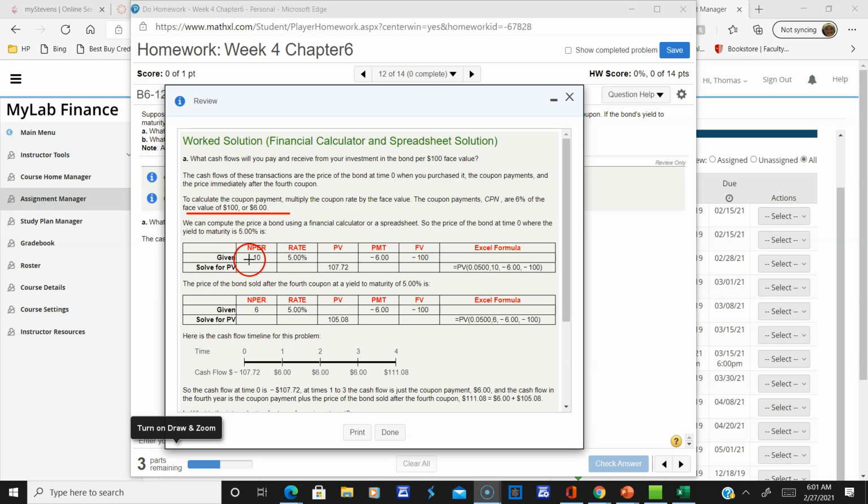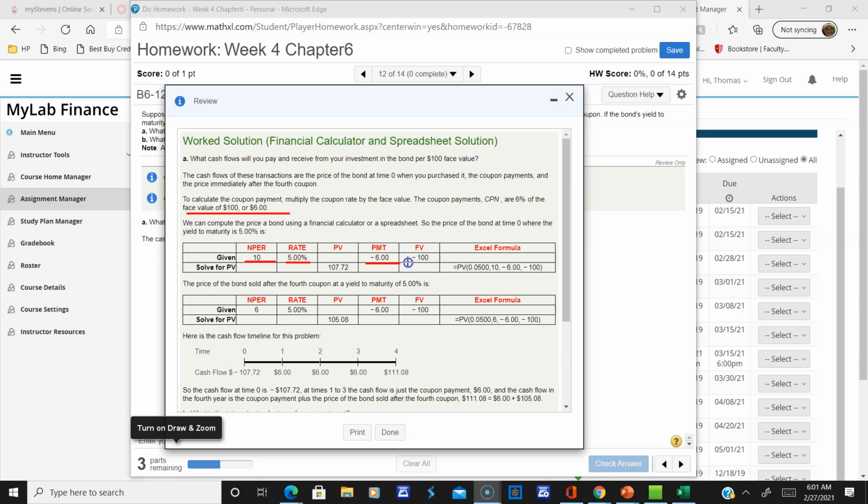So here's what we did. If you use Excel, you just plug in 10 years. I think they said it was a 10-year bond. And the yield to maturity you put in is 5%. These are the inputs, and you're going to get a payment every year of $6.